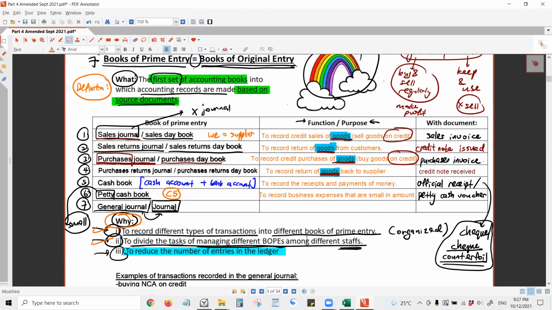Okay, so last one, let's write together. Not much time left. You write to record other transactions.